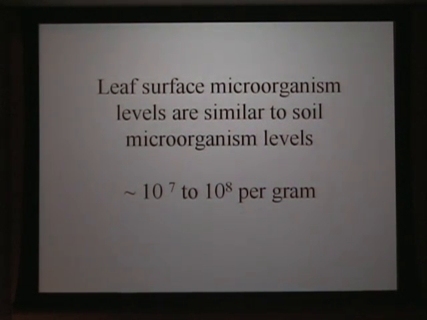Interestingly enough, there's a PhD dissertation that was completed just after 2000 at Purdue University. And they looked at microbial degradation of pesticides on the foliar surface. And one of the things they pointed out in their paper was, first of all, that on a per gram basis, the number of microorganisms present on the foliage is about the same as what you're going to see within the soil.